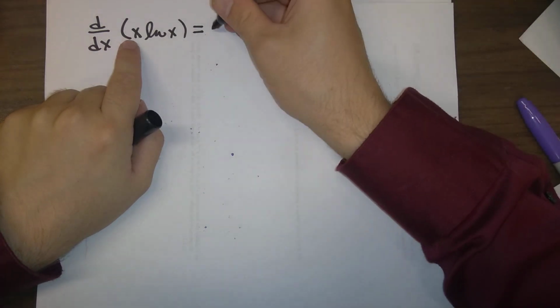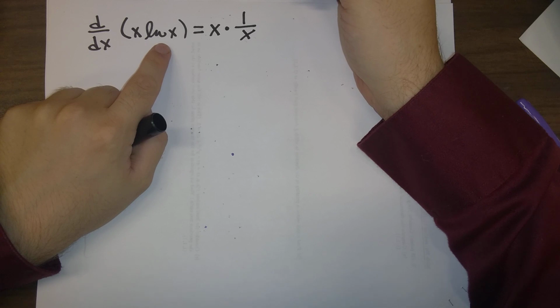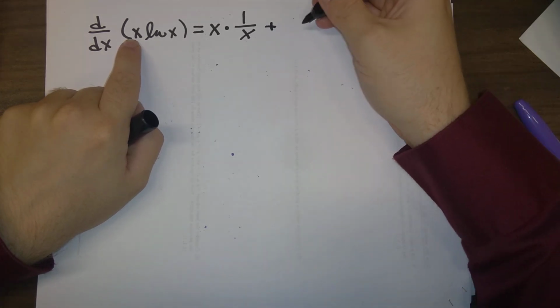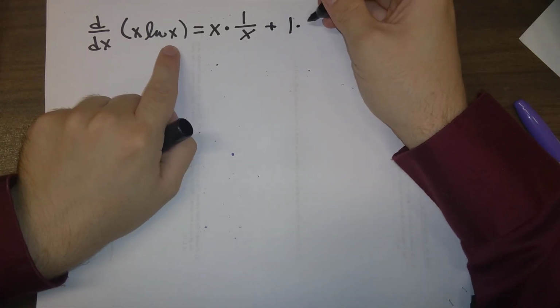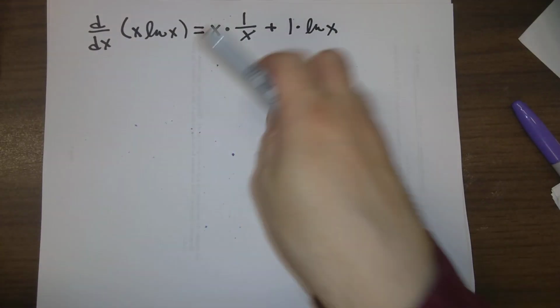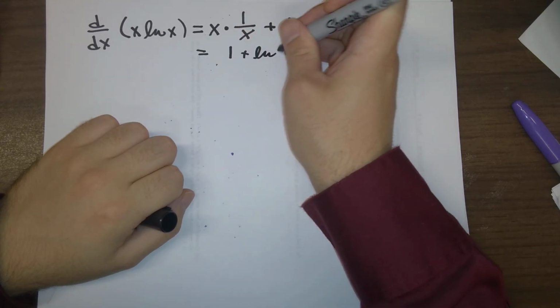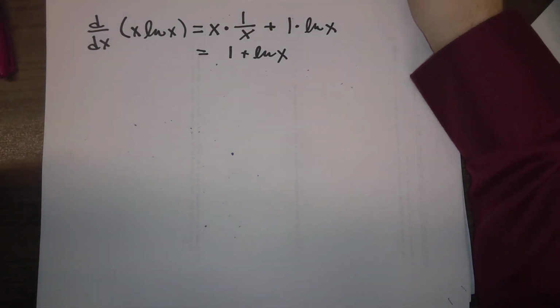So it's x times the derivative of log x, which is 1 over x, plus the derivative of x, which is 1, times log x. This simplifies: x times 1 over x is just 1, so the derivative of x log x is 1 plus log x.